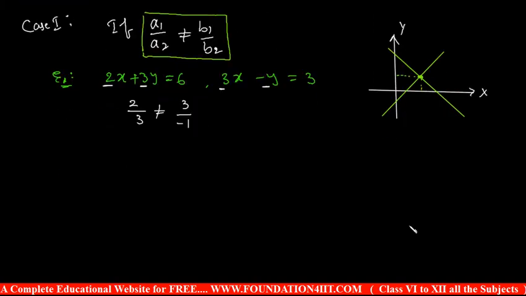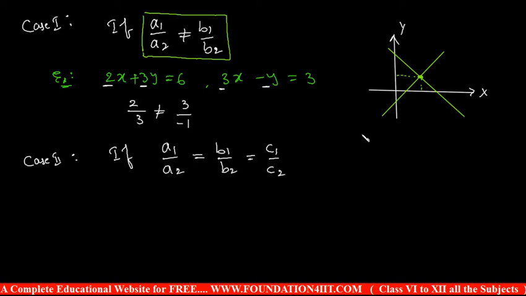And next, case 2. In these same linear equations, if the condition is a1 by a2 is equal to b1 by b2 is equal to c1 by c2, and this happens exactly, then we have infinitely many solutions and the system is said to be dependent.